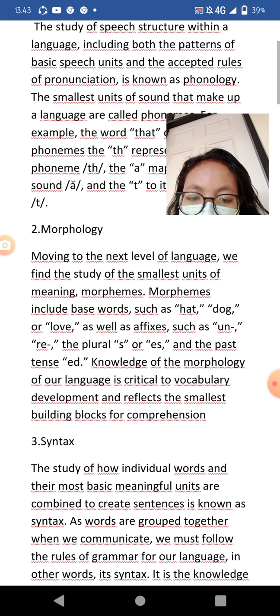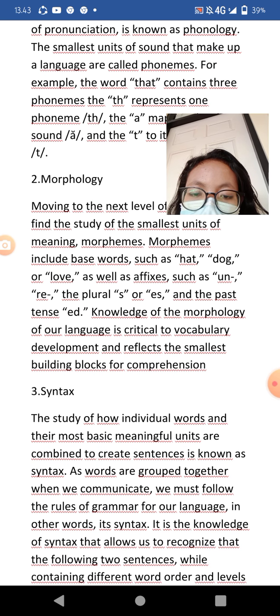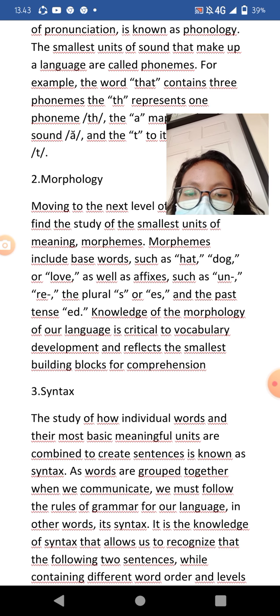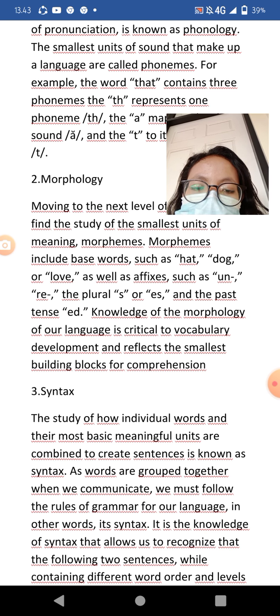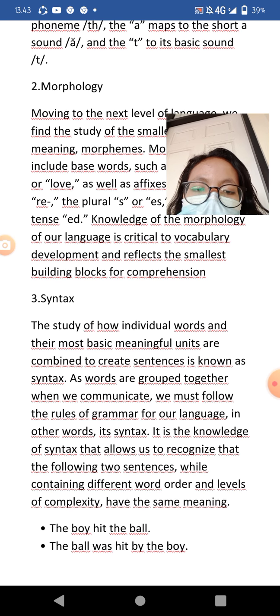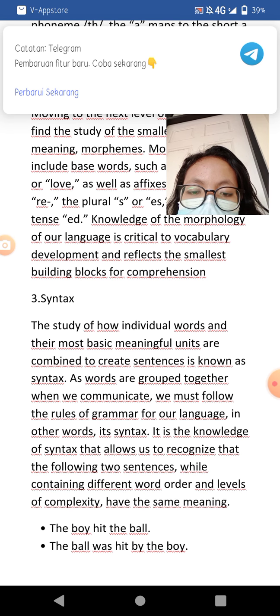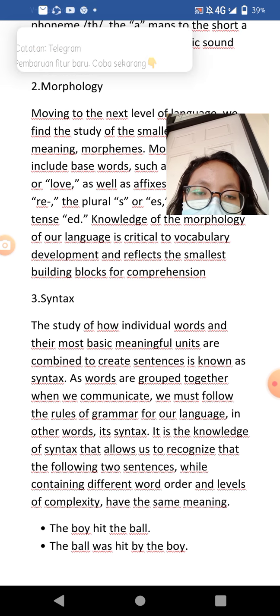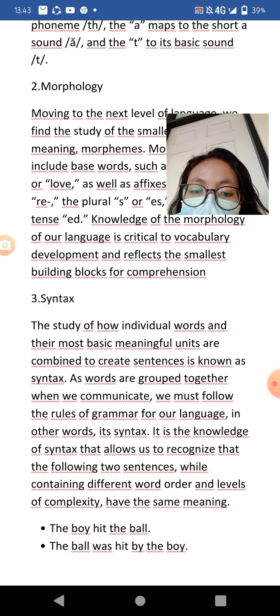Number three, syntax. The study of how individual words and their most basic meaningful units are combined to create sentences is known as syntax. As words are grouped together when we communicate, we must follow the rules of grammar of our language. In other words, it's syntax.